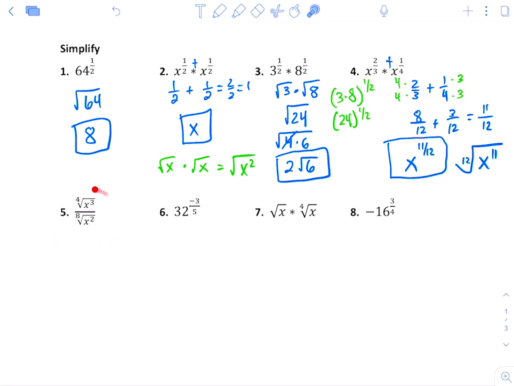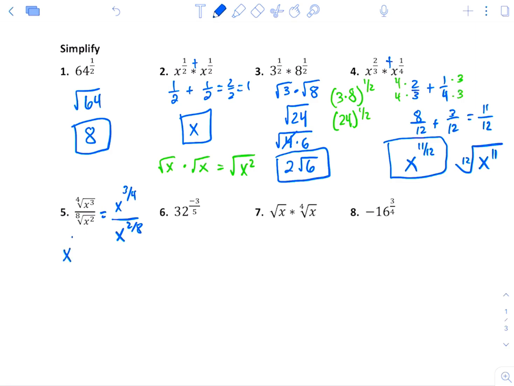All right, number 5. So we are going to want to switch forms because we can't do anything since our roots are different. So this really means x to the 3/4 over x to the 2/8. Now, since we switched forms and we're dealing with this fraction, we're always allowed to simplify fractions. So this is going to be my next step.